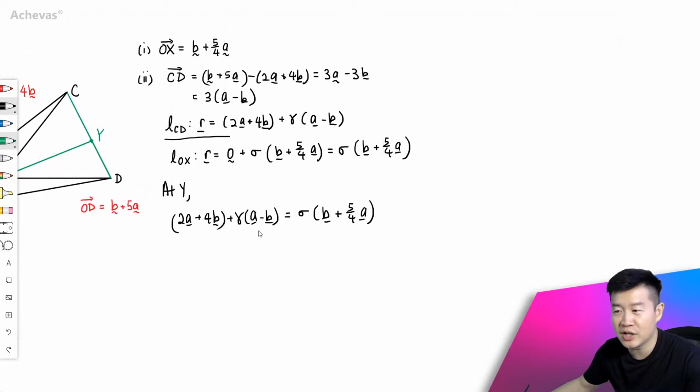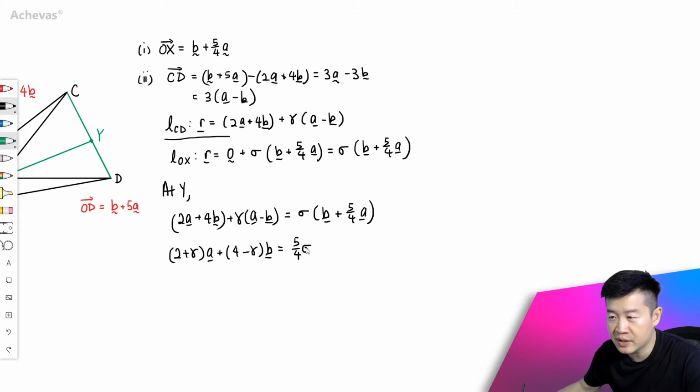Let's try to rearrange and group all the A's and the B's together. So on the left hand side, we have 2 plus gamma of A, then plus we have 4 minus gamma of B. This is equal to 5 over 4 sigma of A, and plus sigma of B.